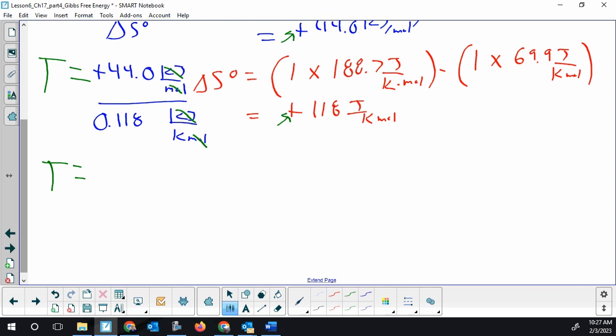Kelvin is on the bottom of the bottom, so it's to the -1 to the -1, which would just be on top. -1 times -1 would be just 1, so I'm not going to write that out. And I get 370.